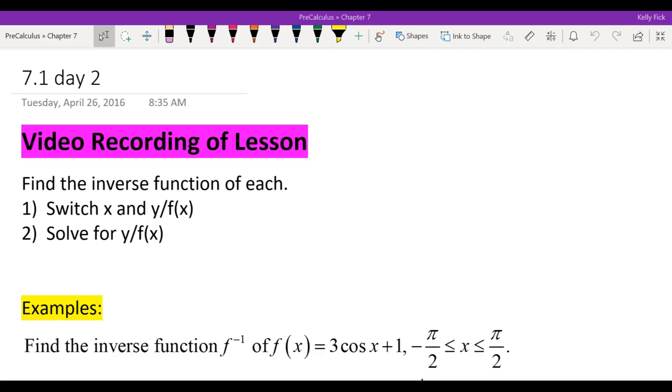It stretches it by 3, right? So it goes from 1 to negative 1 to 3 to negative 3, and then the plus 1 does what to it? Moves it up 1, right? So it goes from 4 to negative 2, correct?